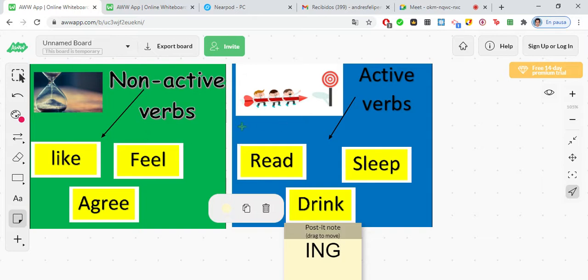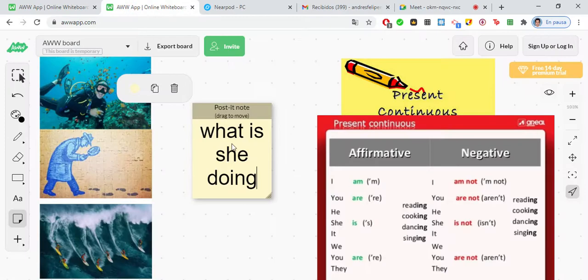These are some examples, but there are many. Of course, there are more active verbs than non-active verbs, but it's really important to differentiate these verbs. Okay, differentiate both.